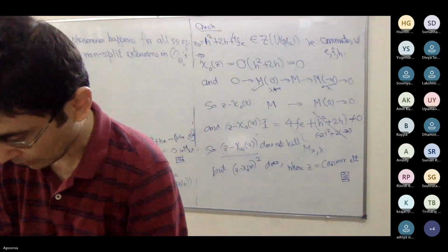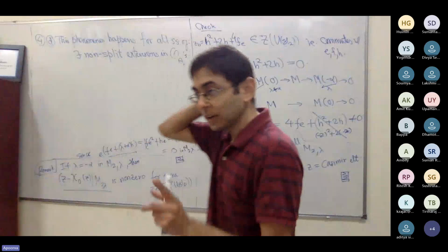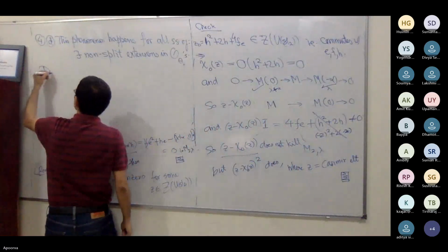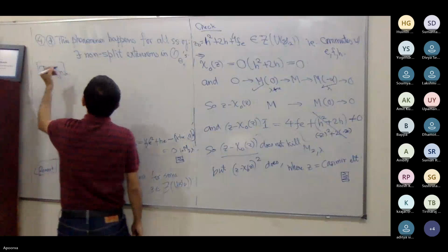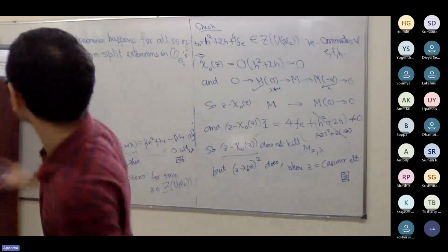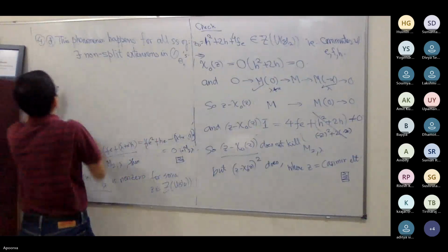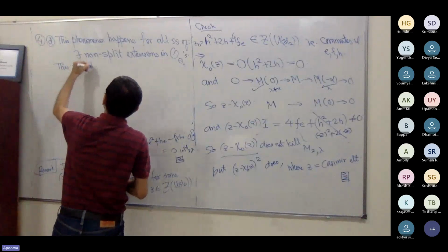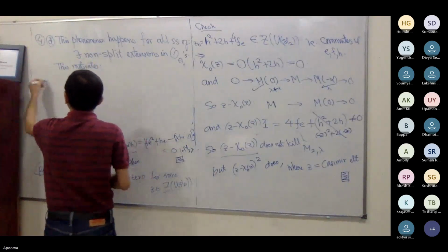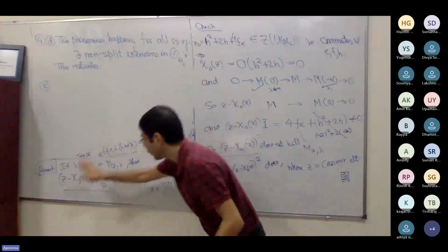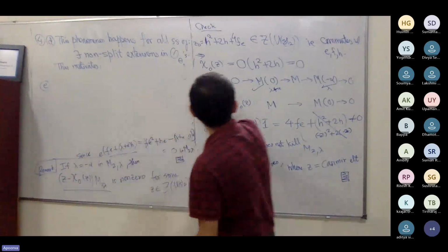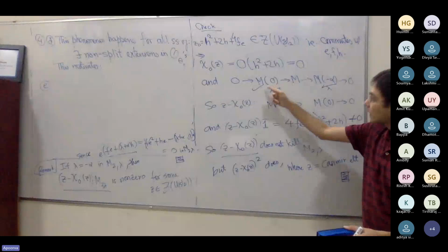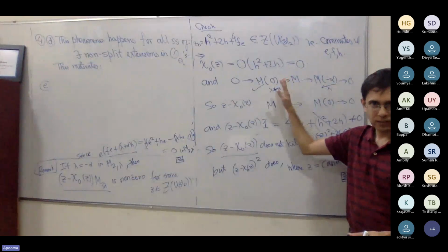So fine. So now let me define this. Sorry, I'll say this motivates. Remember this: I am fixing one central character and looking at extensions between Verma modules, or whatever modules, of that common central character.